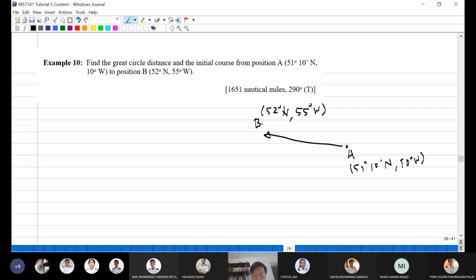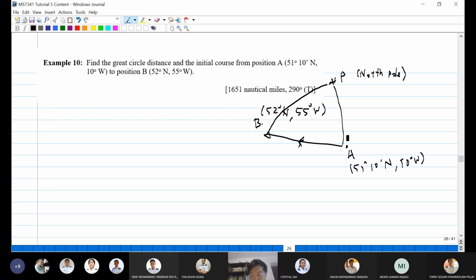So I want to find the great circle distance and initial course. So what does it mean? So there's a point P here, North Pole. So initial course is what? It's the direction here now, right?